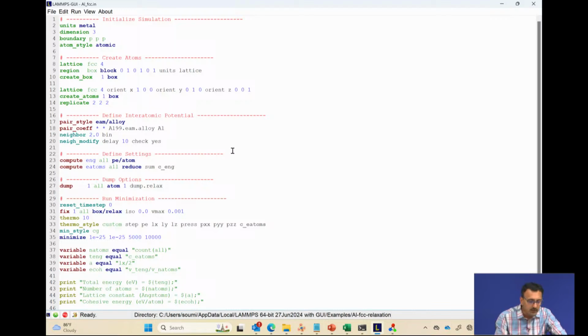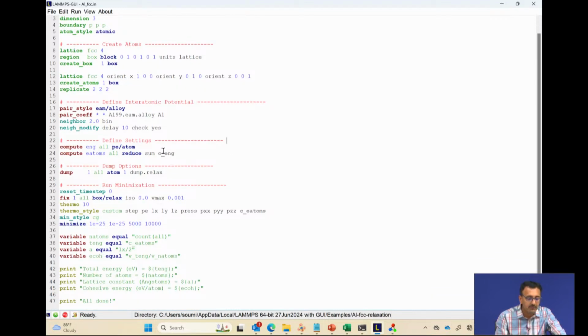The next step, because we are trying to model this system and calculate its cohesive energy, what we are interested in is the potential energy per atom in this crystal system. So we specify a compute, we call it ENG, and say for all atoms we want to keep track of the potential energy per atom at each step. It's a variable we are interested in. And then we are performing a compute function, which calculates the total potential energy of the system itself.